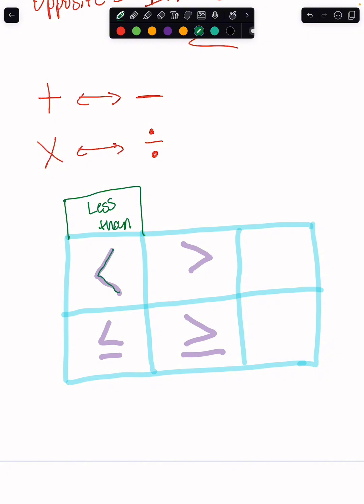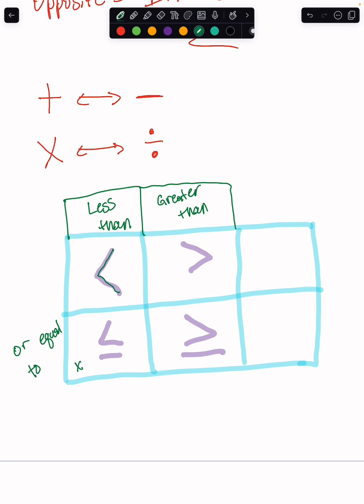Which means the other one, by default, is greater than. Now, this line here is the or equal to. So the box right here means less than or equal to. Or this one is just greater than, okay?